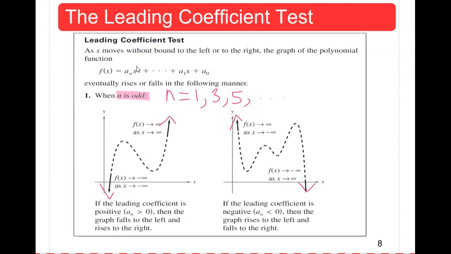If the leading coefficient is positive, meaning greater than 0, and remember, this is the leading coefficient, the coefficient of the term with the highest degree, which will be determined by n. Okay, so if that is true, then the graph will fall to the left, as you could see here.